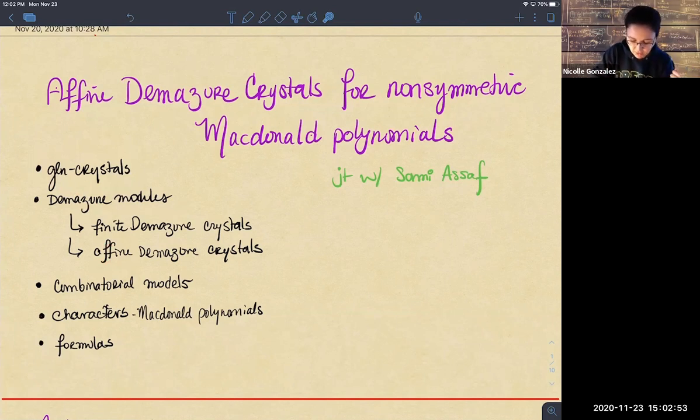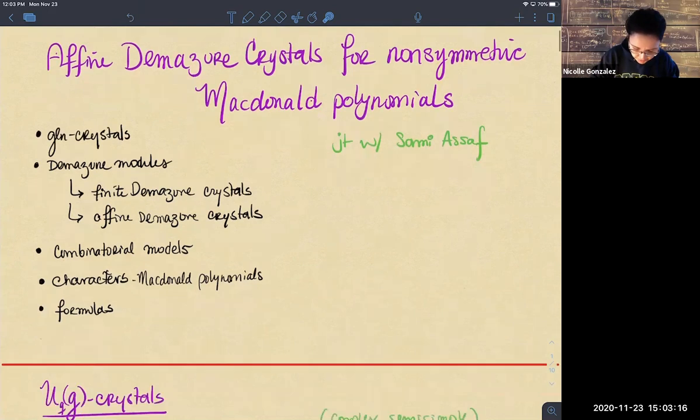Then the bulk of the work, which is joint with Sami Asaf, is the combinatorial models for these finite and affine Demazure crystals. And then I will tell you how, by taking the characters of these things, you can relate them back to nonsymmetric Macdonald polynomials, and how, as a consequence, we get some nice little formulas. Okay, so let's start.